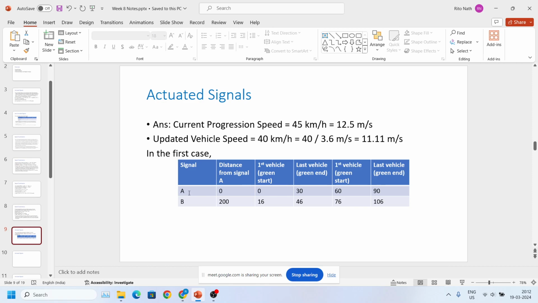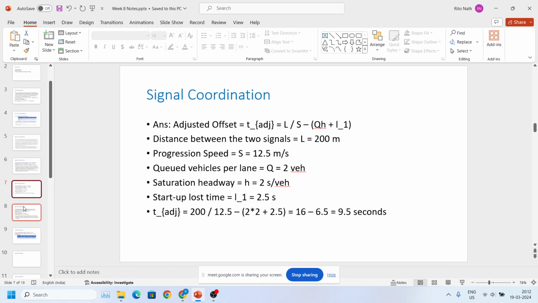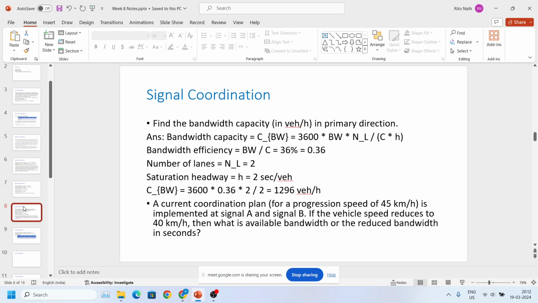The bandwidth in the first case was... this is okay. Bandwidth efficiency is given as 36%.